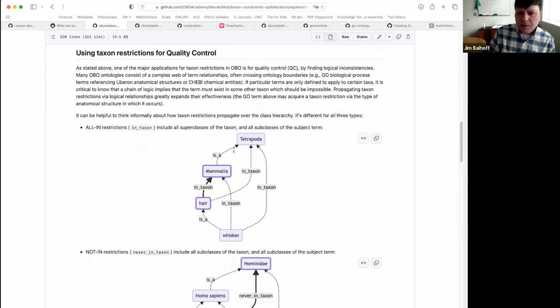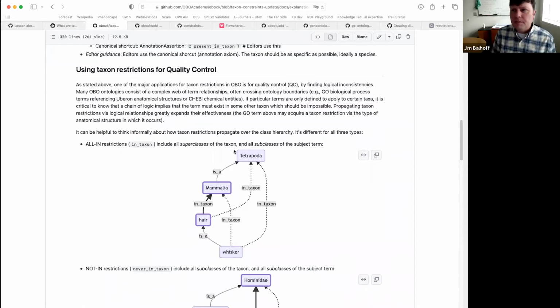Let's see. Getting into a bit more of the details about how these work. As I've been saying, one of the main applications is finding logical inconsistencies.